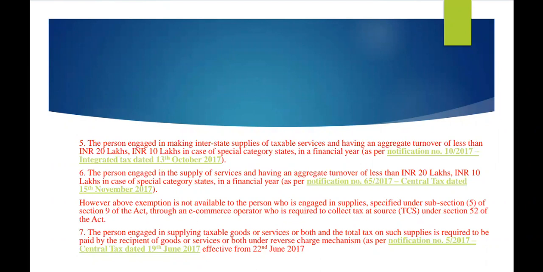The persons engaged in supply of goods and services or both, and the total tax on such supply is required to be paid by the recipient of goods or services, or both under reverse charge mechanism, right? Where the recipient is paying the tax, in case of the supply of taxable goods or services, the total tax on supply is required to be paid by the recipient.